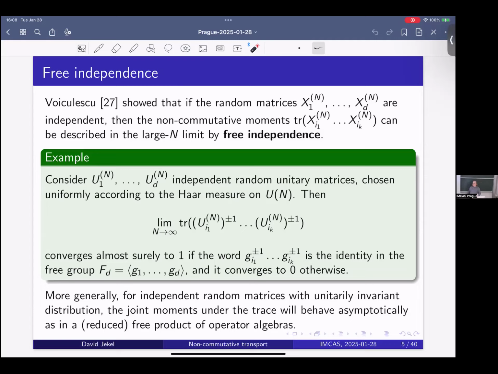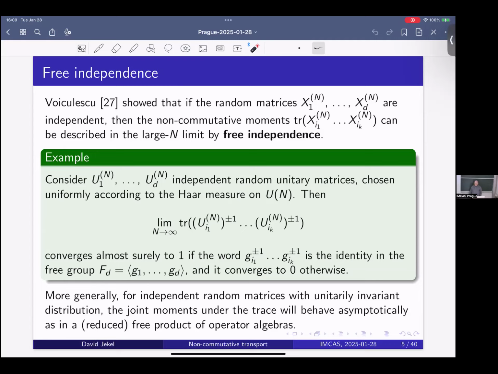It's easy to state because in this case, the limiting object can be described by the free group itself. If you take the Haar unitaries and take some word in the Haar unitaries and their adjoints, then the trace of this will converge almost surely to 0 unless the word could already be reduced to the identity by cancellations.